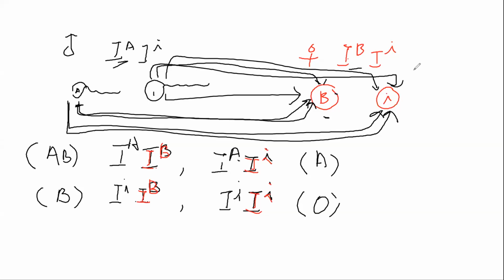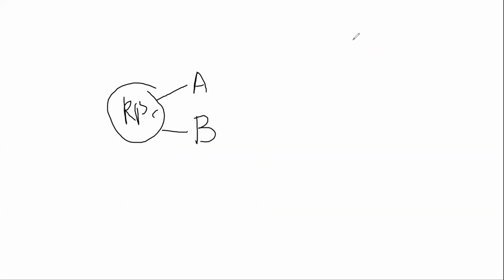If there's an RBC here, if there's an A antigen, it's type A blood. If there's a B antigen, it's type B blood. There are about 50 different antigens on the RBC, but A and B are the most popular ones.